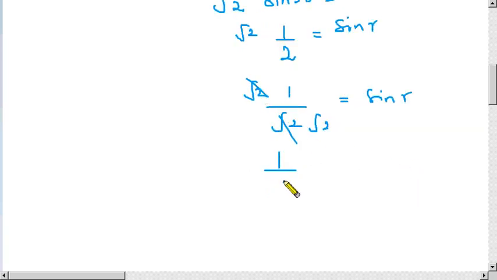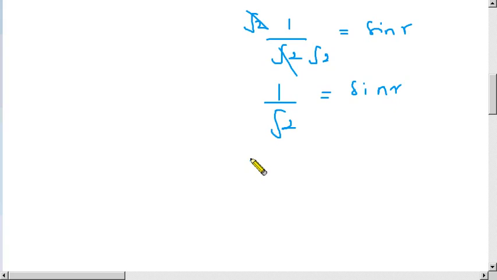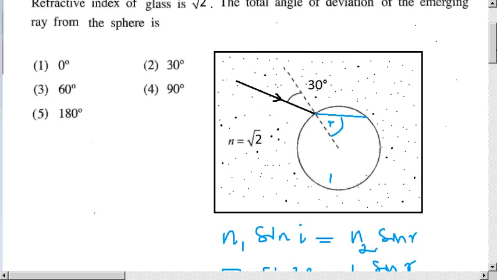So 1 over root 2 equals sine r. So what is the value? You should remember this also. If sine r equals 1 over root 2, then r equals 45 degrees. In mechanics, you learn these things. Therefore, you should remember that to use in this lesson, light. The angle is now 45.